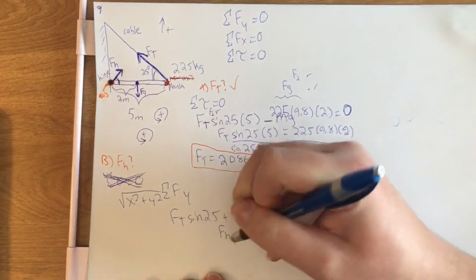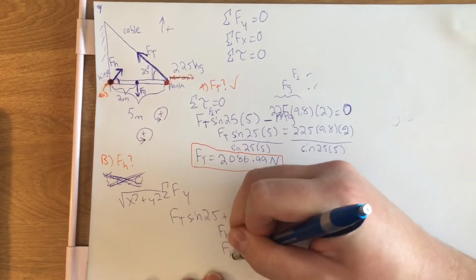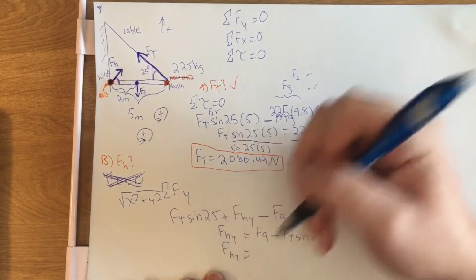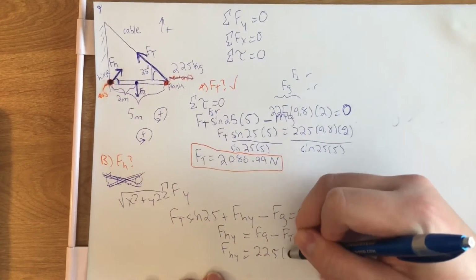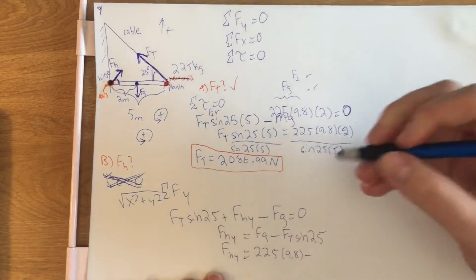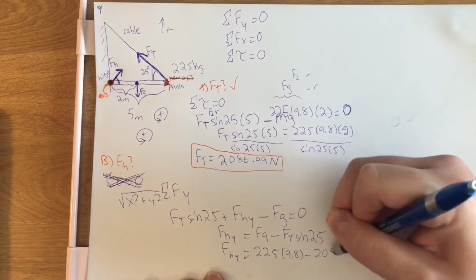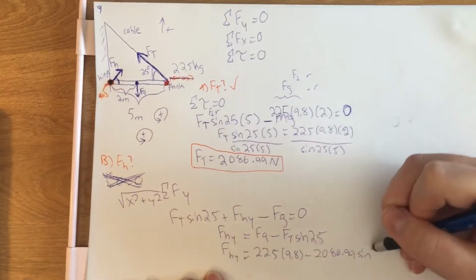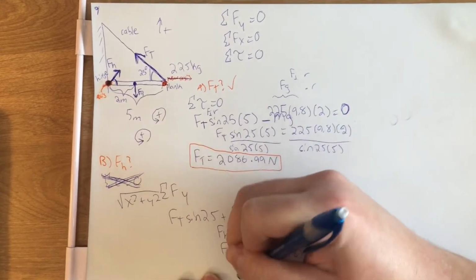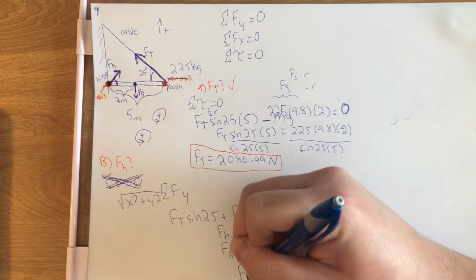Let's plug in my numbers. The force of the hinge in the y direction is equal to mass times gravity. That's 225 times 9.8 minus the tension, 2086.99 sine 25. Type that in my calculator. You guys do this as well.